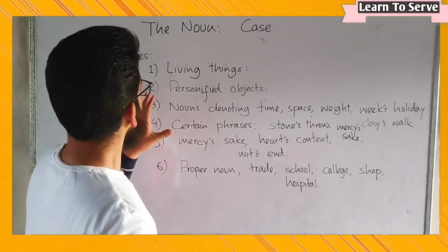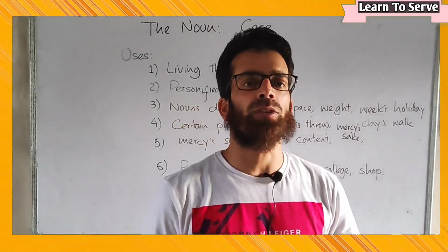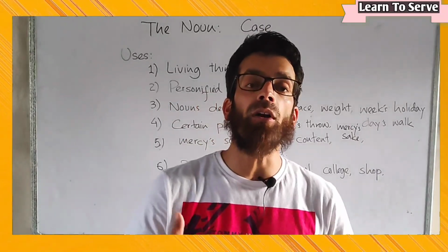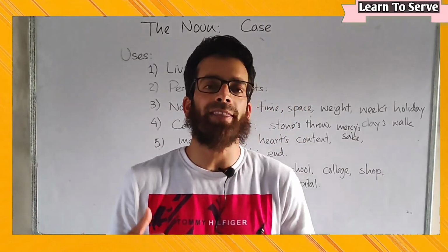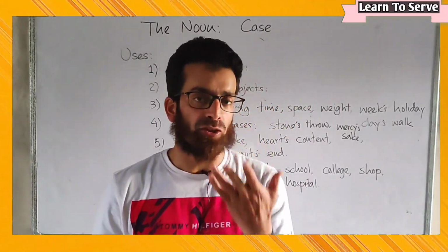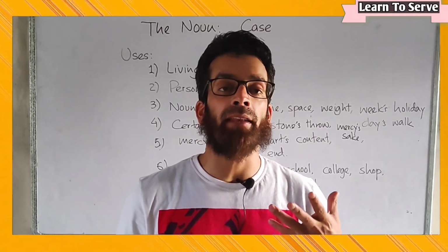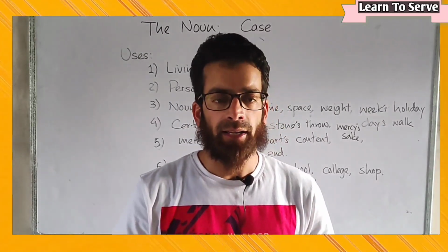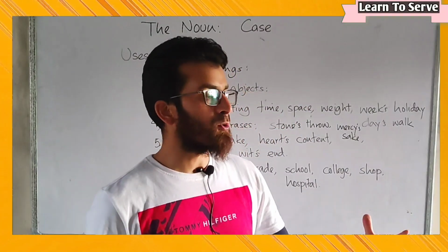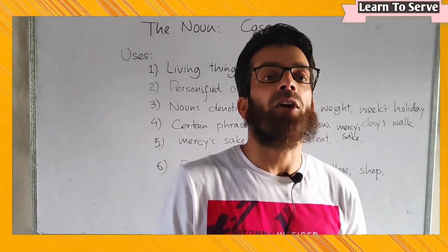Second, with personified objects. You know, my dear students, what is personification? If you give a human attribute to a non-human entity, you call that entity a personified entity. For example, speech, talking, is the main, the emphatic characteristic of human beings. But if I say the trees talk to me, then trees are being personified.